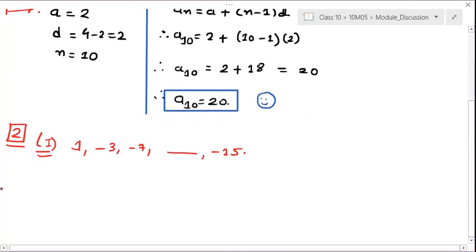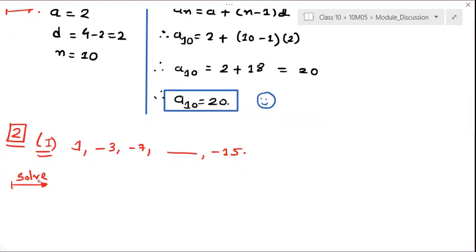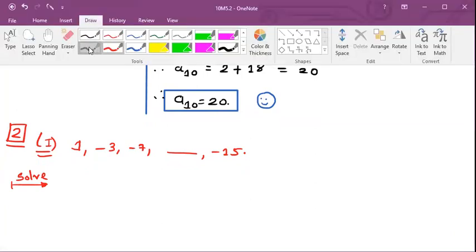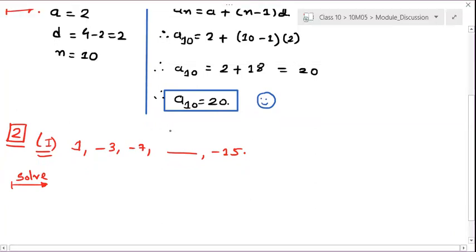Now tell me how we are going to solve this. 1, -3, -7, up to -15. Okay. Is it AP? Yes.